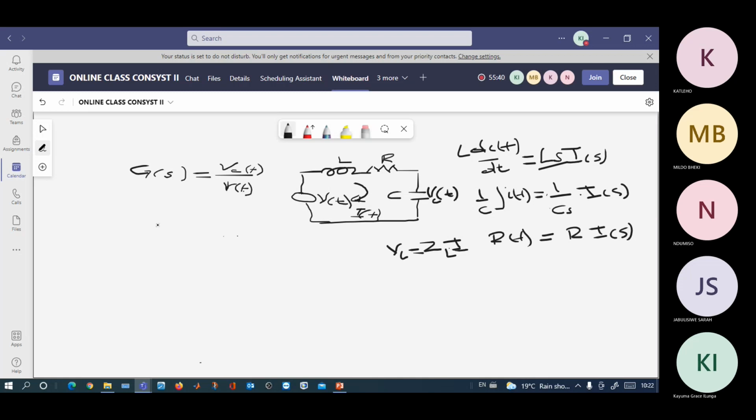When we have our problem, V of T is equal to VL plus VR plus VC, we know that this one is our VL, that one is VC, and that one is VR.